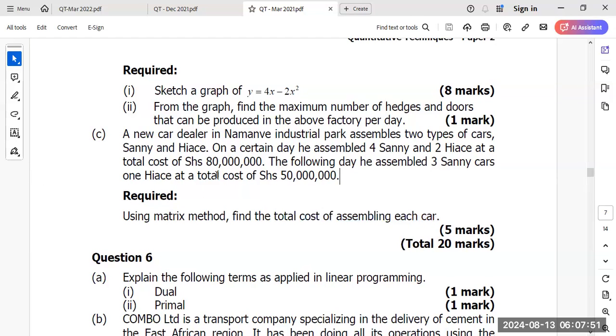Here, what you have is the total cost the company incurred to assemble 3 Sunny cars and 1 Ice. Then here, to assemble 4 Sunny and 2 Ice, but we don't know the cost this company is incurring to assemble just one car. That's what we are trying to find out.